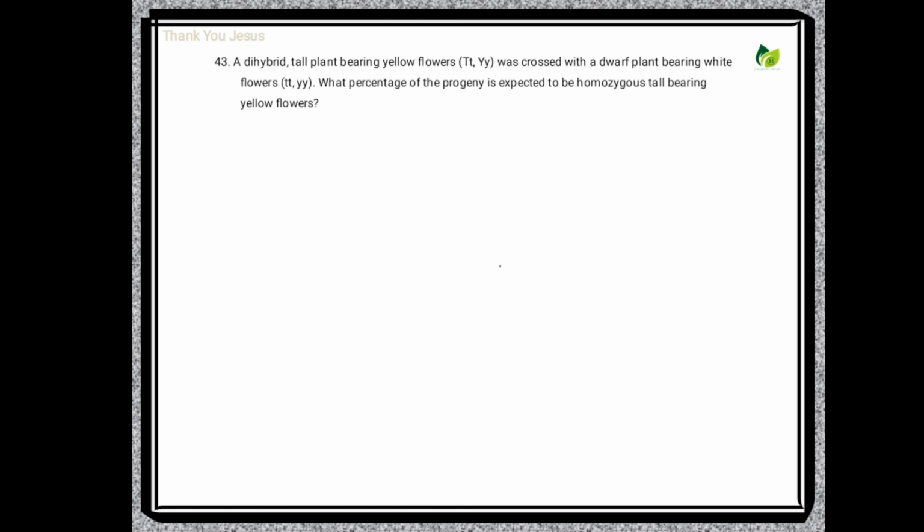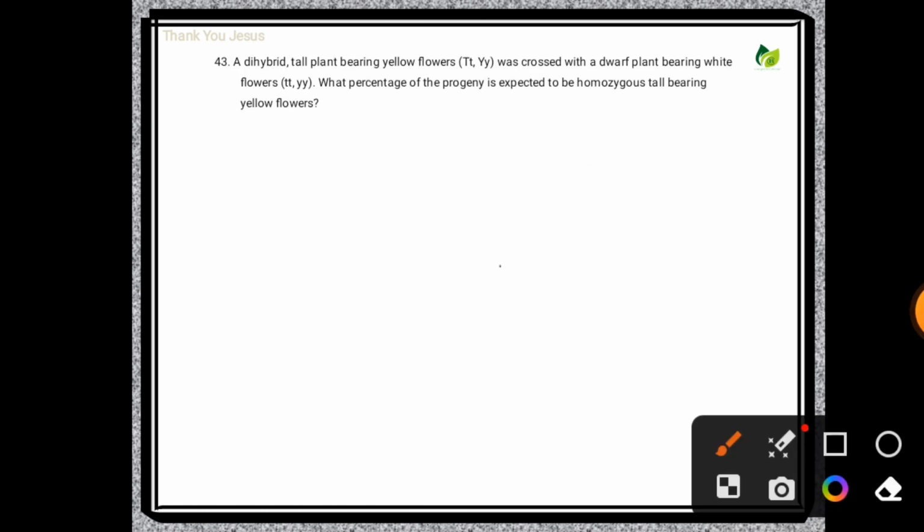Okay, so observe carefully. The parents given are capital T, small t, capital Y, small y. Parents already given in the cross. So this is nothing but F1.